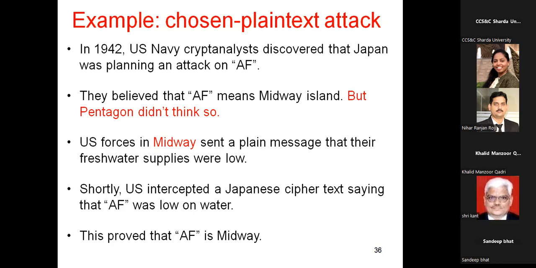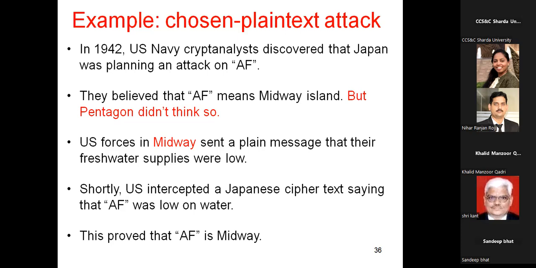So what they did, they sent this information to the Pentagon that the Japanese are planning to attack Midway Island. US forces in Midway sent a plain message that their fresh water supplies were low, to verify whether it is correct or not.